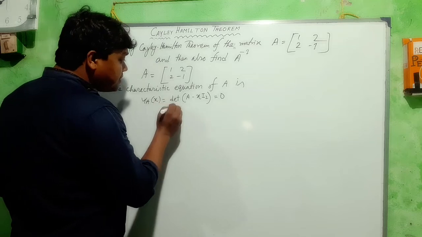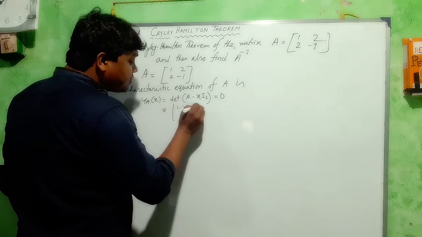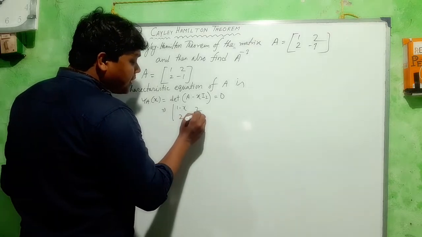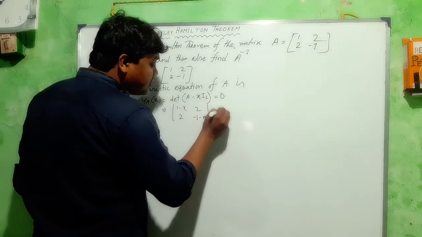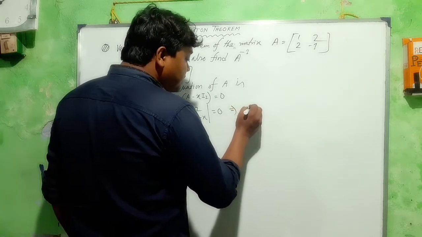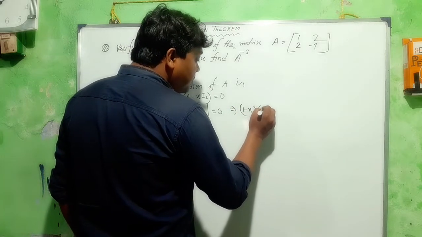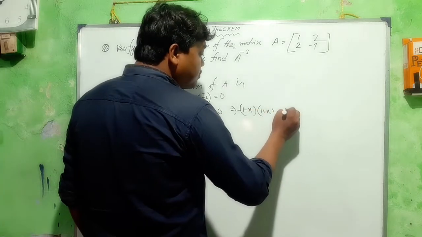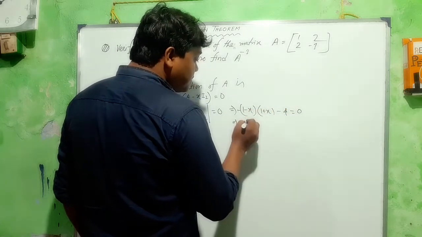That means 1 minus x, 2, 2, minus 1 minus x equals 0, subtracting x from the diagonal. After some calculation, 1 minus x, 1 plus x, minus 4 equals 0.